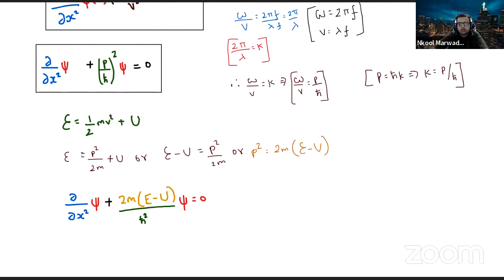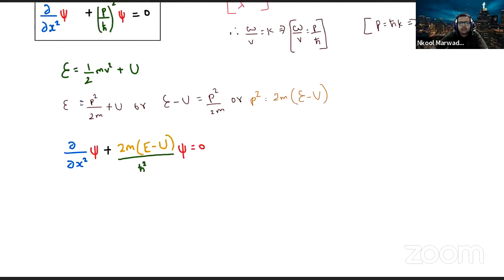This is one more form of the time independent Schrodinger wave equation, containing the mass and energy terms.